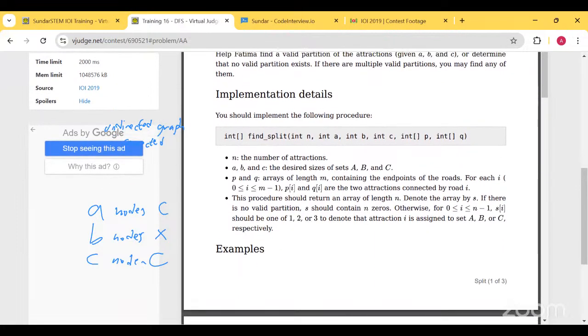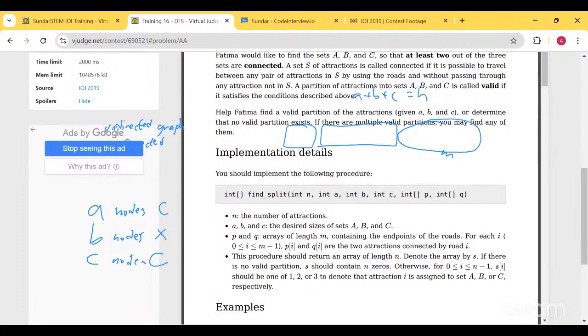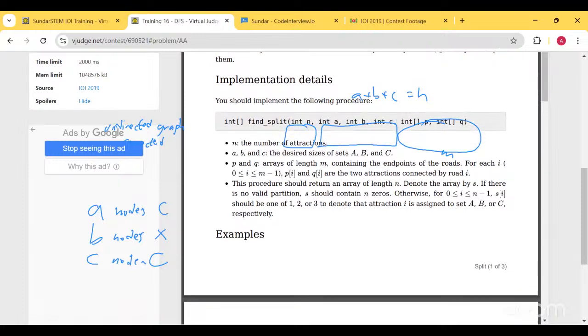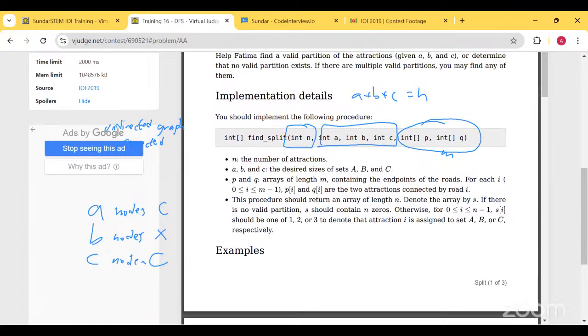Given N and also A, B, C, of course A plus B plus C equals N. And then given M edges connecting P and Q. As usual, the IOI problem is functional, so we shall write this function and no need to write the main function.